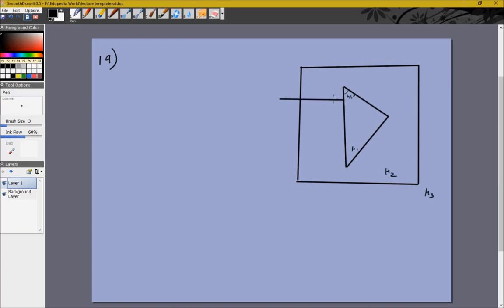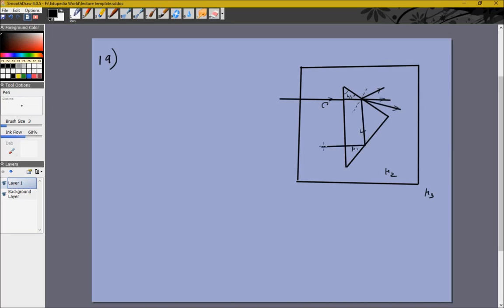This is our incident ray E. It goes straight here, and then here is the normal, and after that it can go like this, or straight through like this, or it can go like this, or it can go like this.